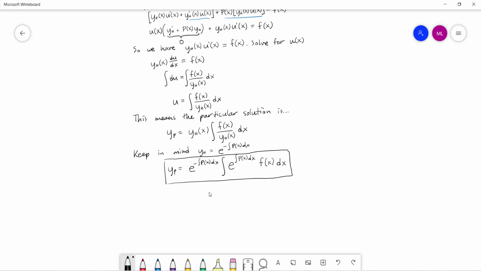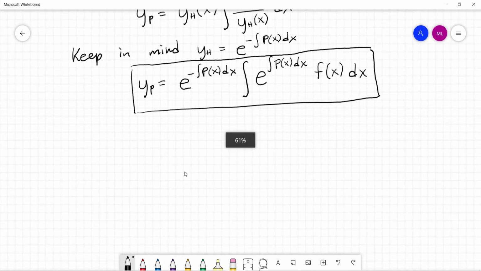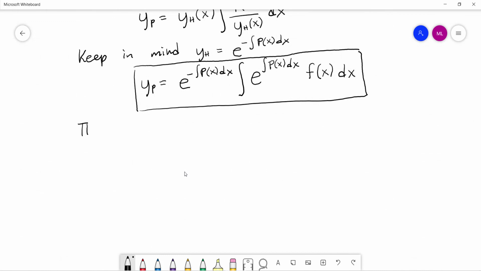So we now have a second approach to get the particular solution, and this second approach works on higher order ODEs.